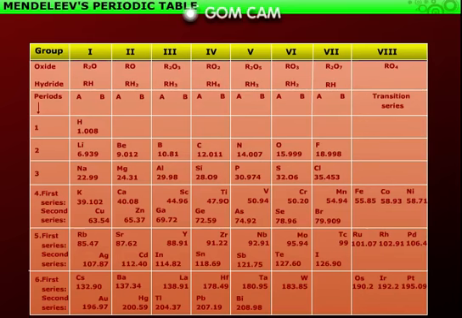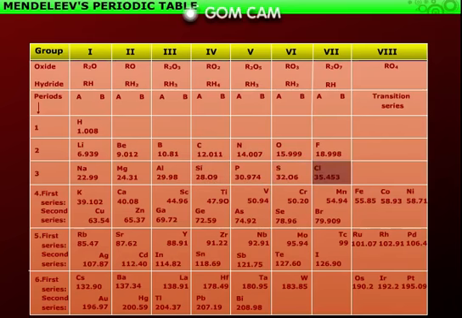The numbers given below the symbols of elements are the atomic masses of the elements. For example, atomic mass of hydrogen is 1.008.